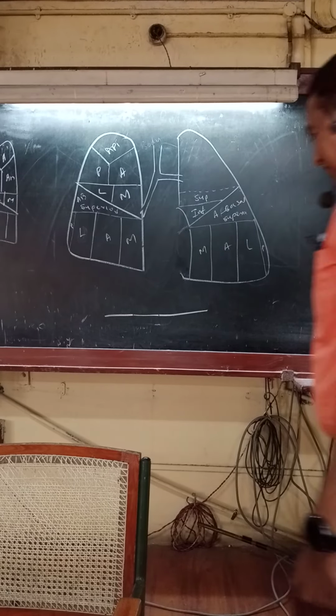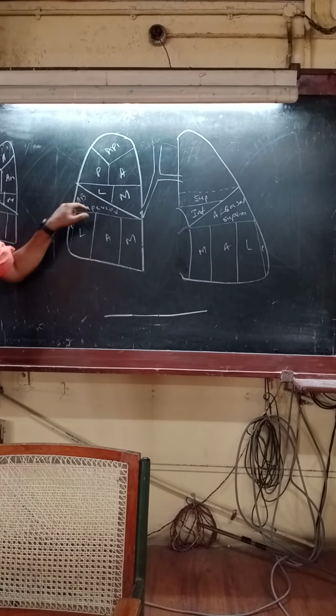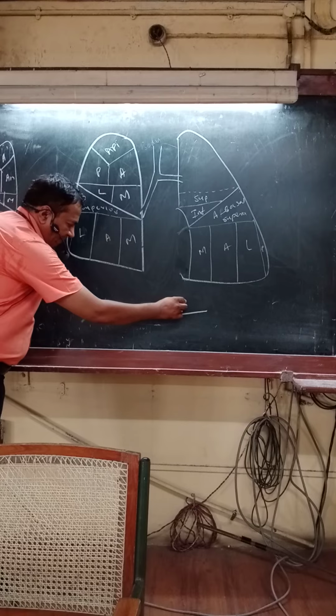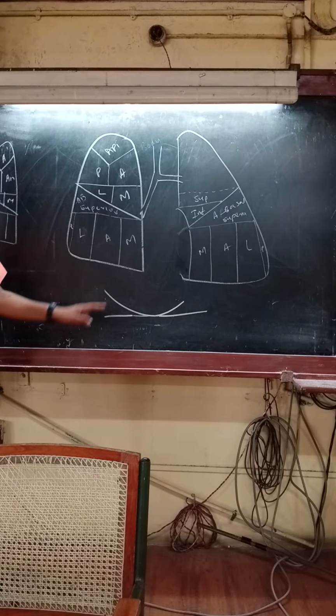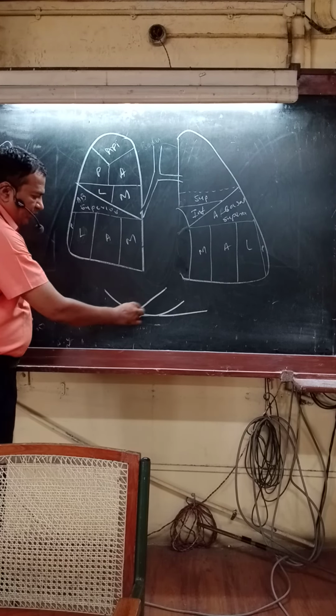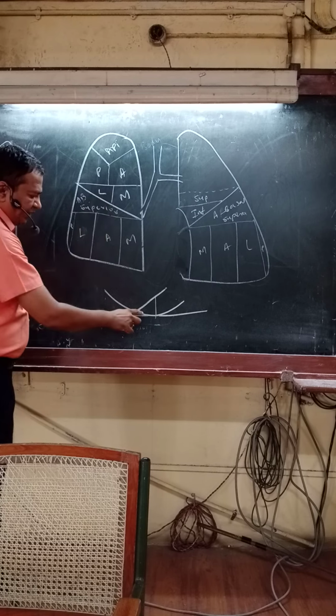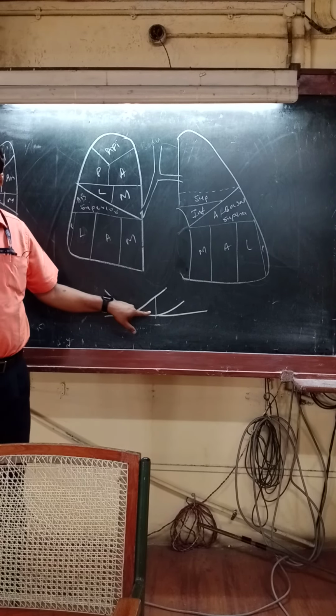In which segment? Superior segment. Why superior segment? Because suppose the patient is lying down, this is the posterior border of the lung and this is the lower lobe. This superior segment is exactly the most dependent part.